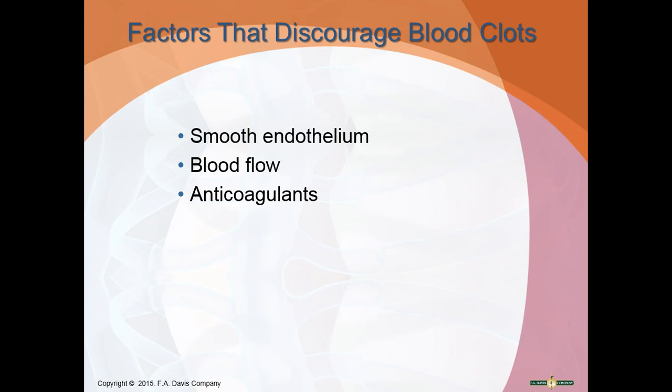So some of the things that discourage blood clots: we want blood clots to only happen when they're necessary. As your book says, one of the biggest problems is excessive blood clotting.